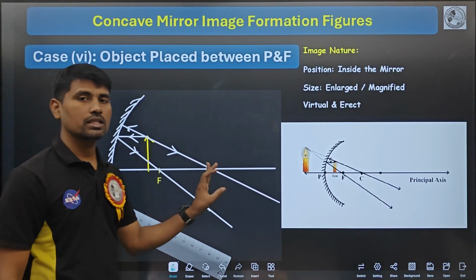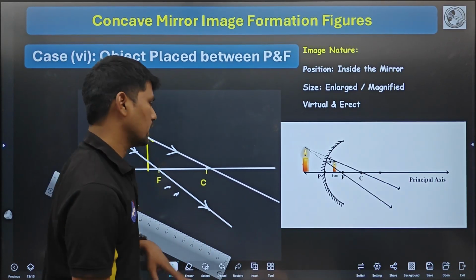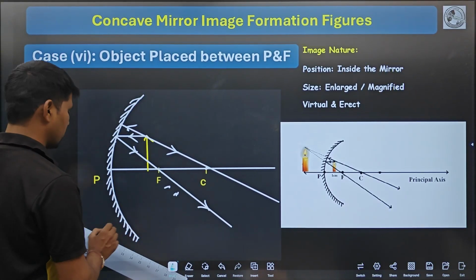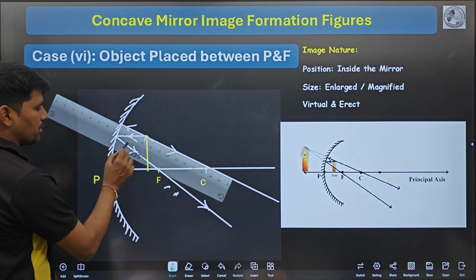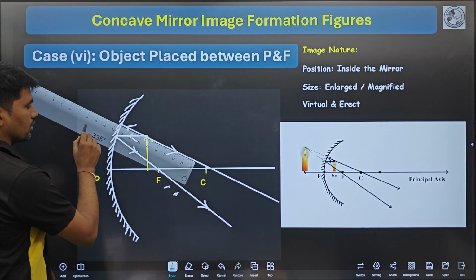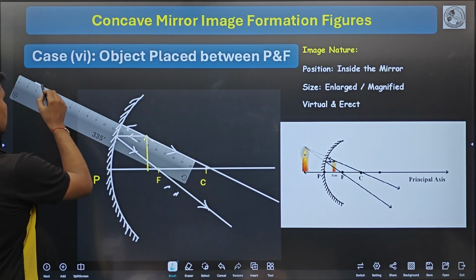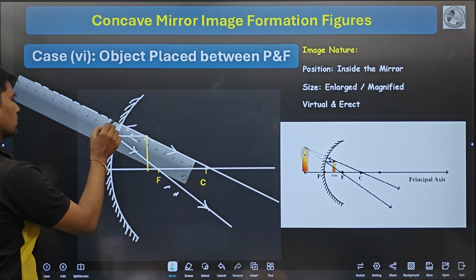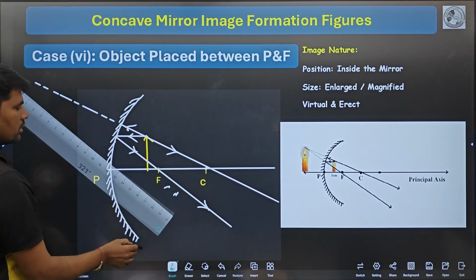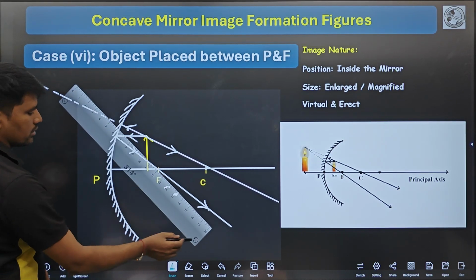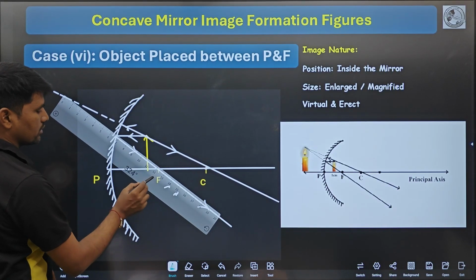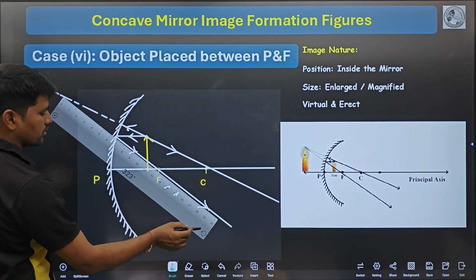So reflected rays, in this case we got diverging rays. Because of diverging rays we have to extend them back with the dotted lines where they will meet. Most of the students make this mistake.